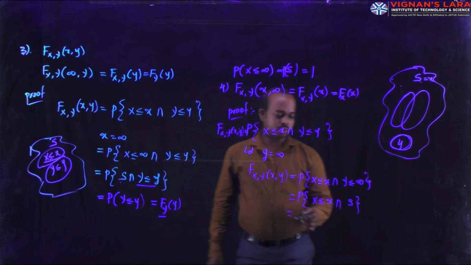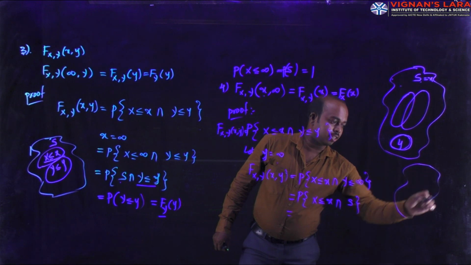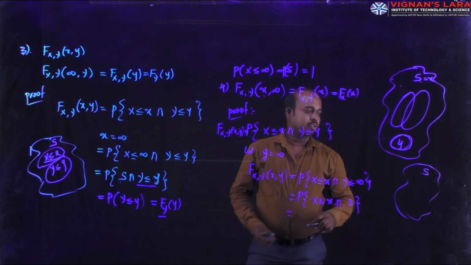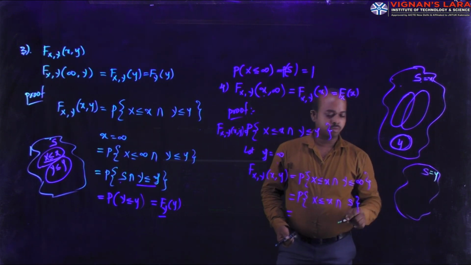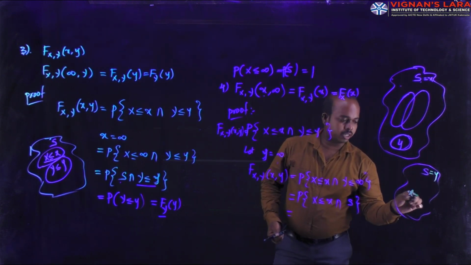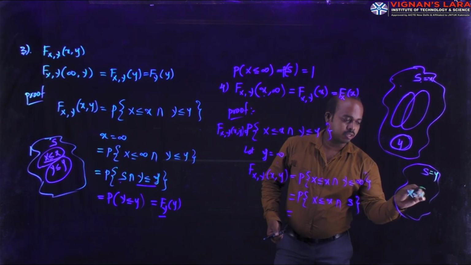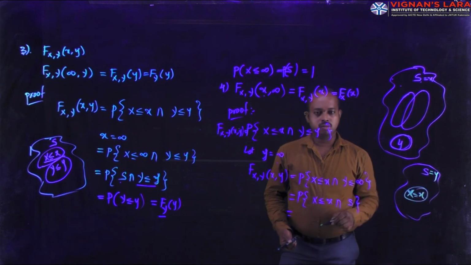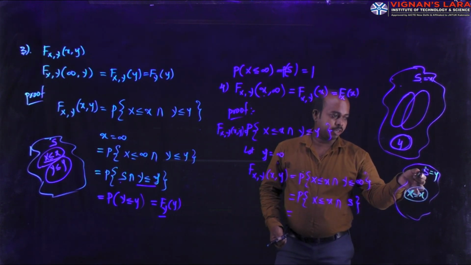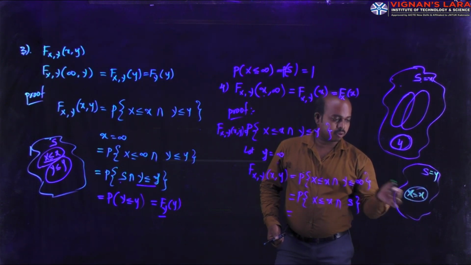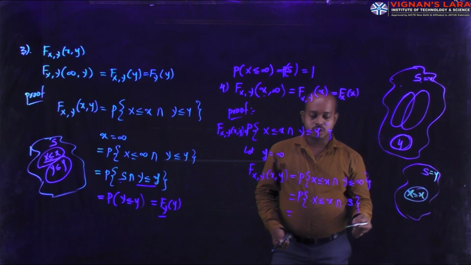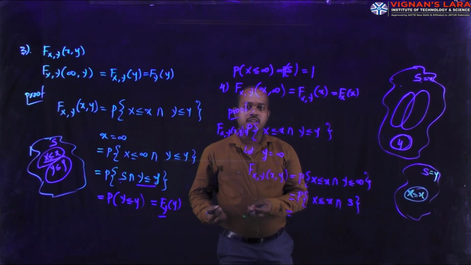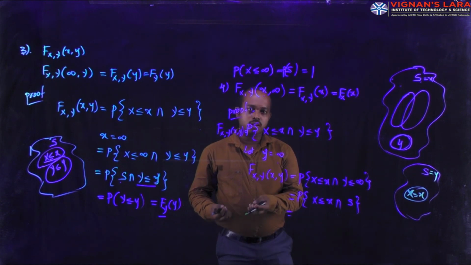Here you can observe this model. Consider the sample space S. For this S, equivalent to the y value, x is the smaller quantity, x less than or equal to small x, and this lies in S. Now to take the common portion between S and the event of the random variable x, we take the smaller quantity.